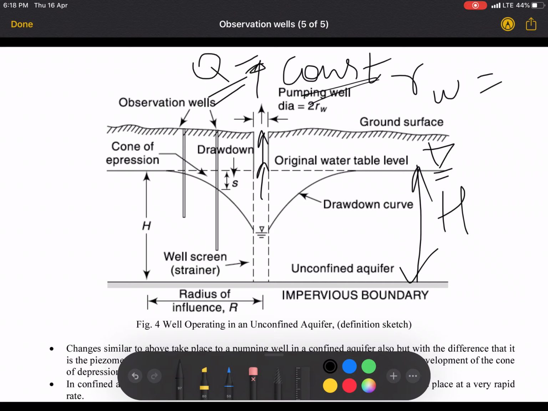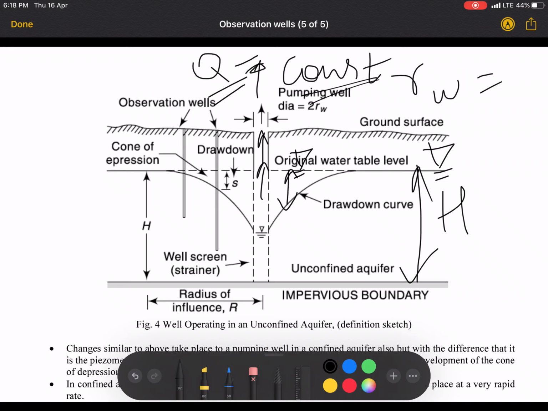We are not able to extract more than 100 liter of water per unit second or per unit time from that particular well. Okay, so after that, what else can we see here? The water table was at a level, and when we start to draw the water, the level is coming down.